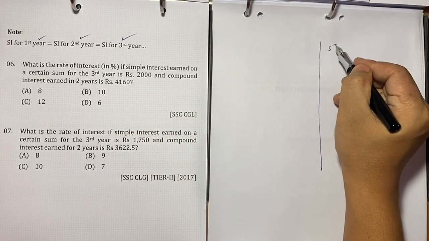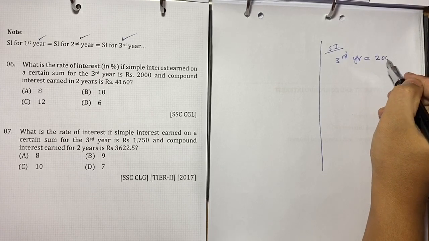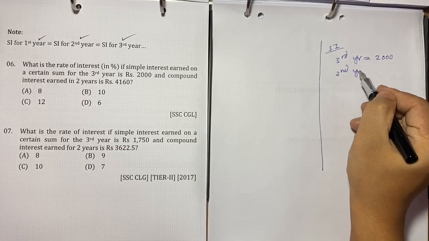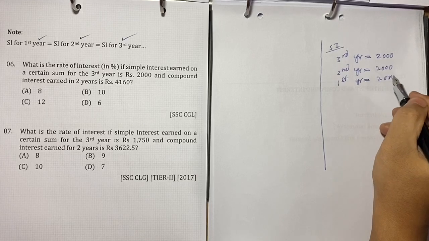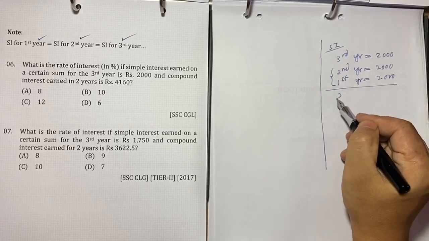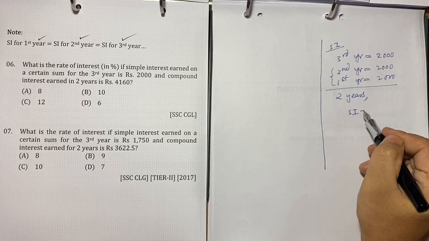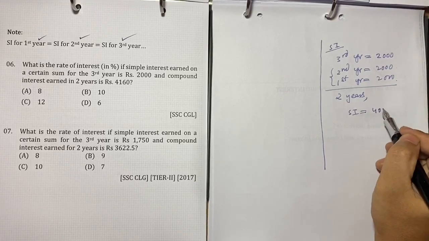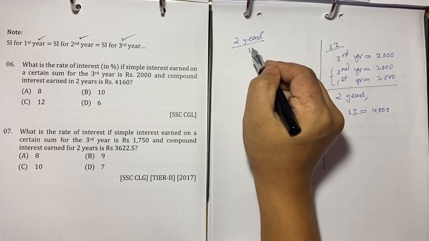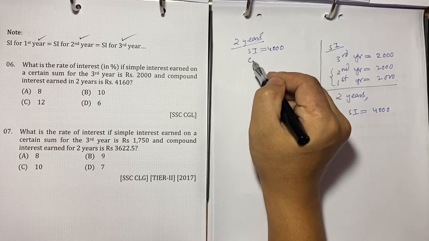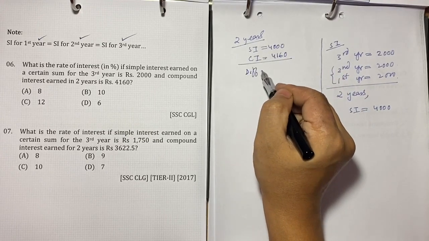The question says simple interest for the third year is 2000, meaning the second year is 2000, and the first year is also 2000. So simple interest for 2 years is 4000. The compound interest is 4160 as given. So the difference is 160 rupees.